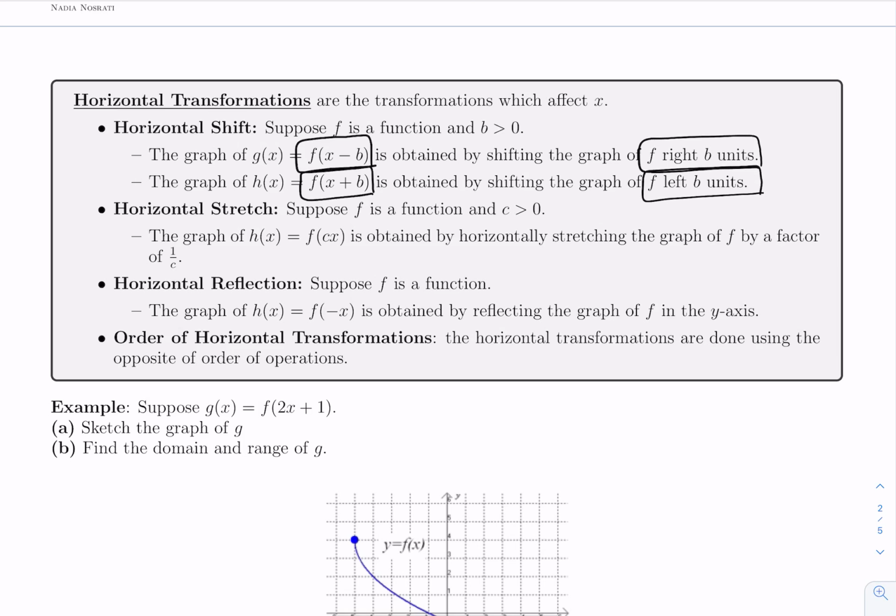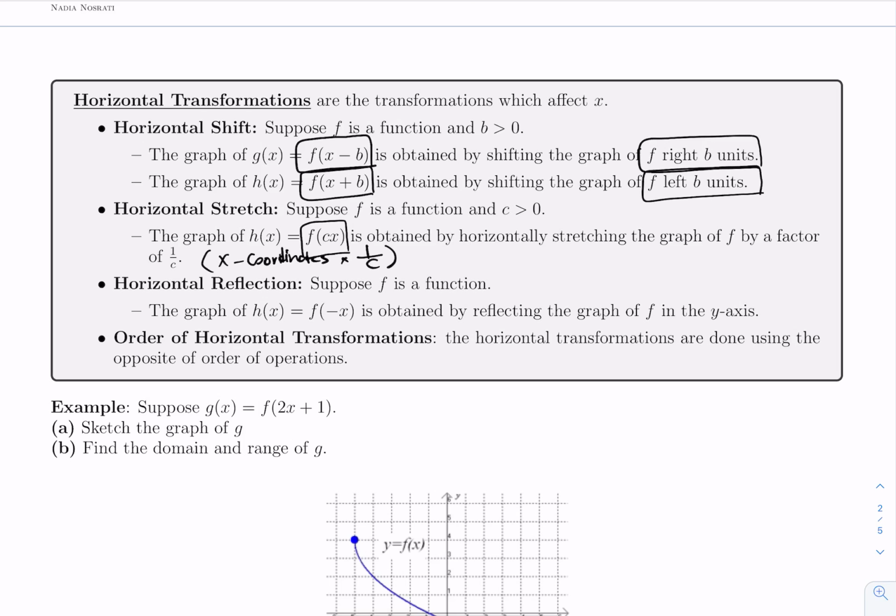Horizontal stretch. Suppose you're trying to sketch the graph of f of c times x. We can do that by horizontally stretching the graph of f by a factor of 1 over c. What does that mean? That basically means all the x coordinates multiplied by 1 over c. Now, is this a stretch or a compression?